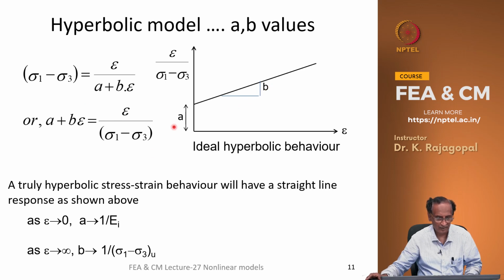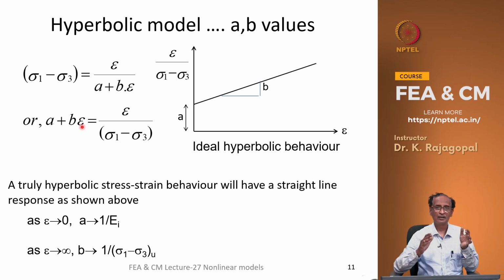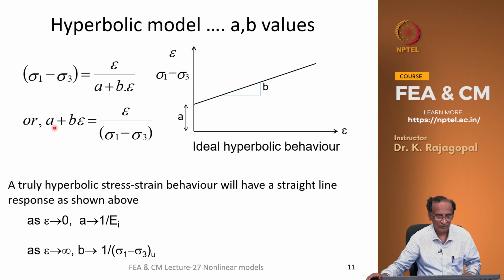That is what we can easily see from this equation. As epsilon tends towards 0, at the start, your A tends to the inverse of the initial modulus.